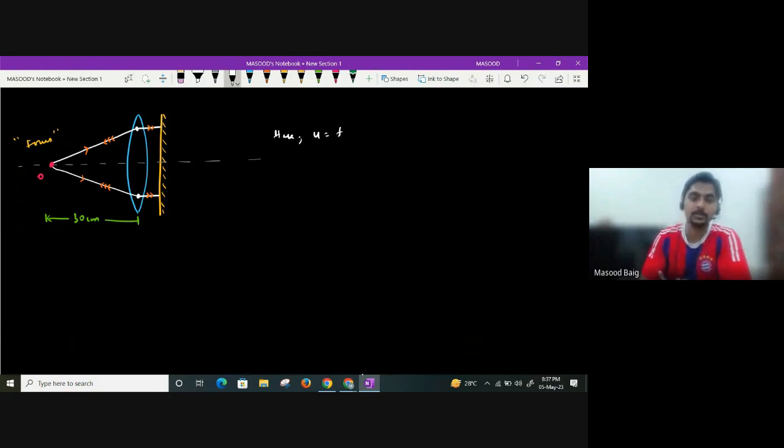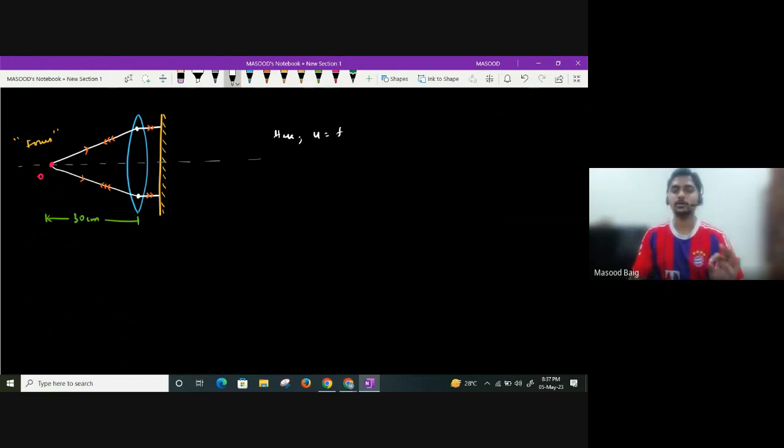That image will behave as an object for the plane mirror. Then the plane mirror will form its image, and the image formed by the plane mirror will behave as an object for the convex lens. So again I need to find the final image. Three times I need to apply formulas: two times the lens formula and one time the mirror formula. We usually get stuck in such cases.